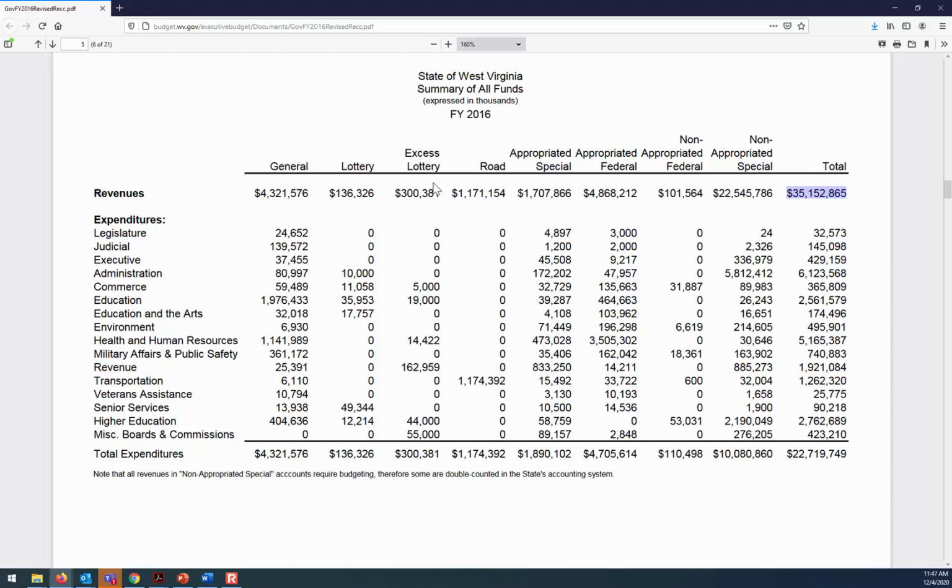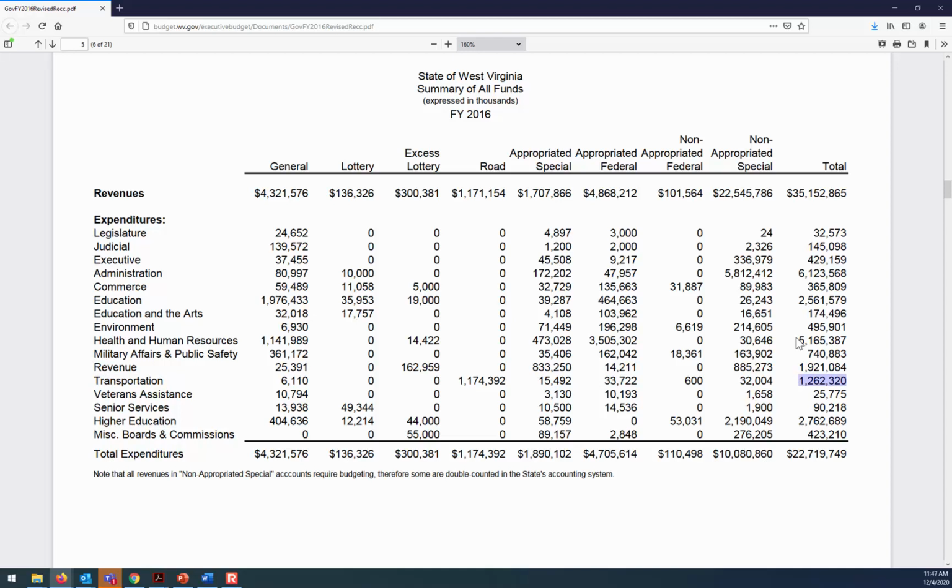And so the road expenditures, the revenue that comes from road-related things like the gas tax and the toll roads, they had revenues coming in of $1.1 billion, and then how much they spent, the expenditures are here on this line. So transportation, they spent $1.2 billion.